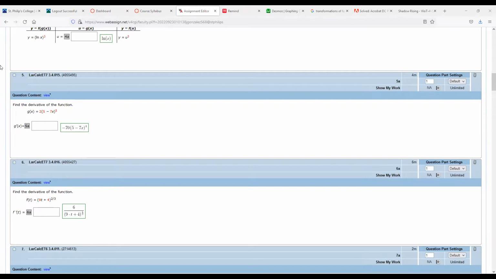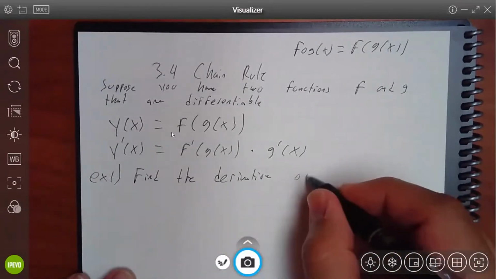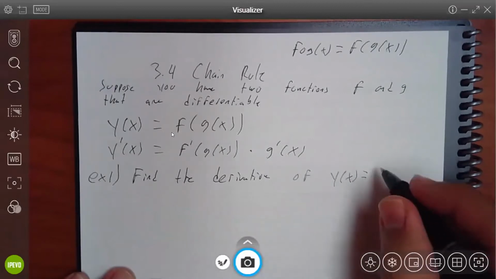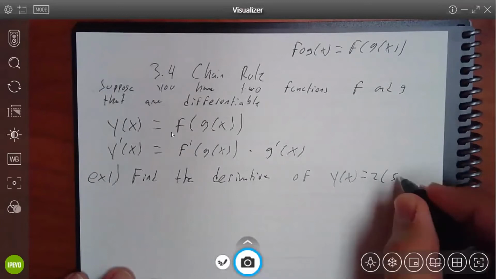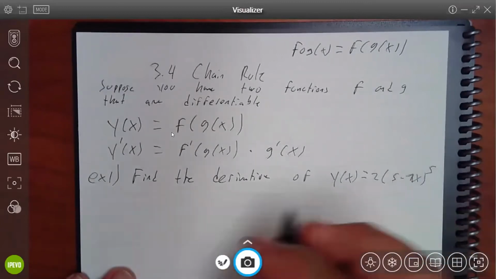Example 1 is find the derivative. Okay, switch over. Find the derivative of, I'm going to relabel it as y equals 2 times (5 minus 7x) to the 5th.